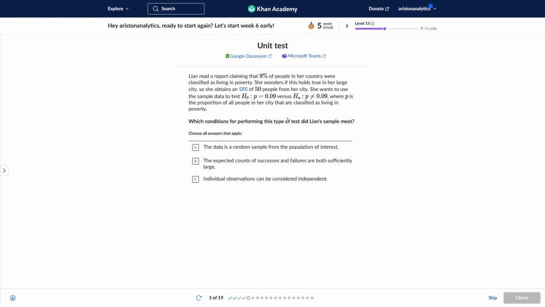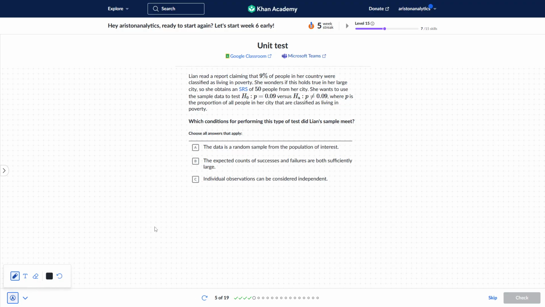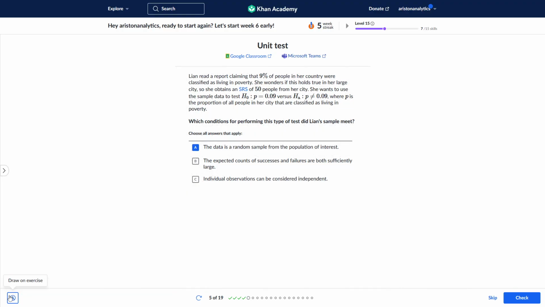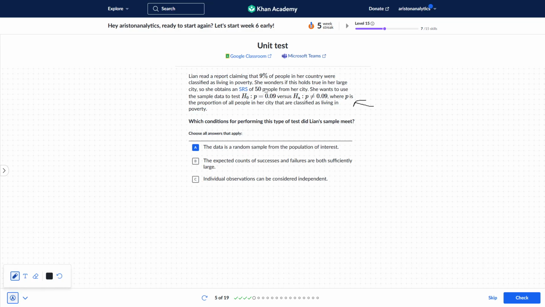Which conditions for performing this type of test did Liam's sample meet? Kind of test, okay. SRS, it's random. He's trying to make an inference about population proportion, okay. Expected counts of successes and failures are both sufficiently large. It needs to be at least 10. So 50, 0.09, that's 9%.